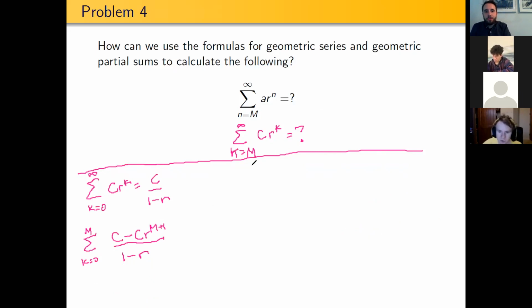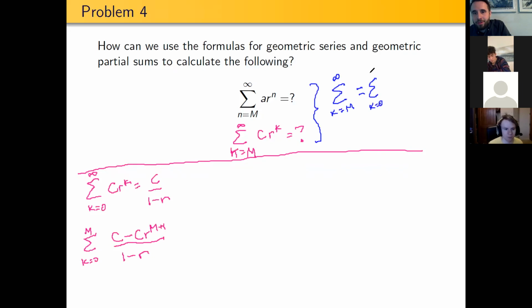But let's try to be a little more precise. So what I want to observe, first of all, is that if I'm taking a sum as k goes from m to infinity, that is like taking the sum as k goes from 0 to infinity, but then I subtract the first certain number of elements.